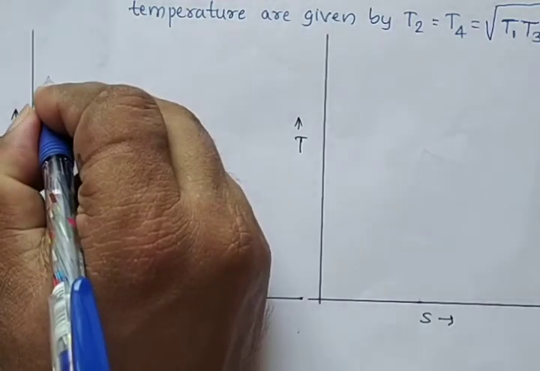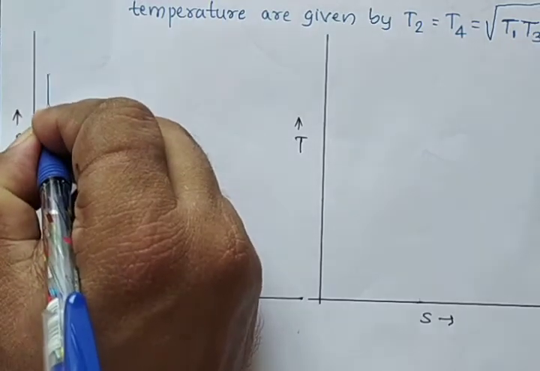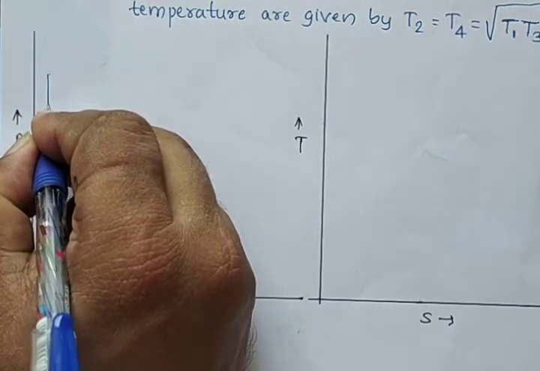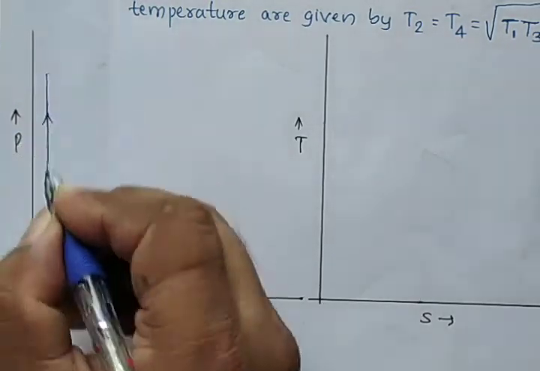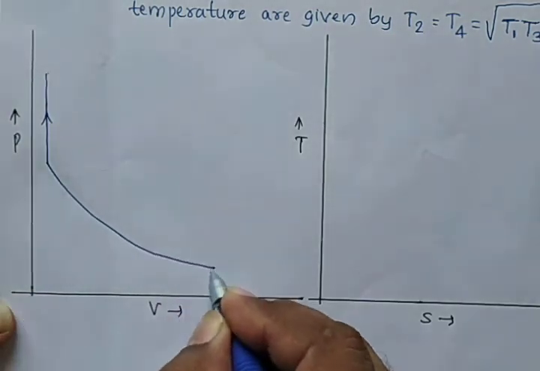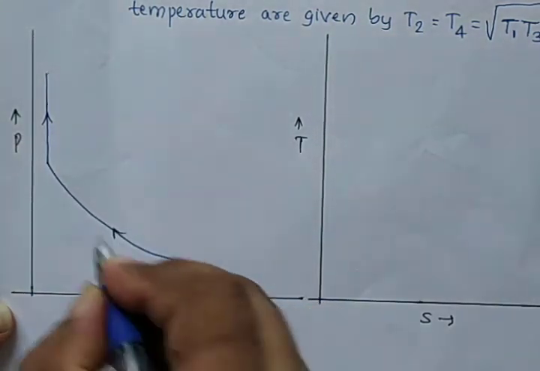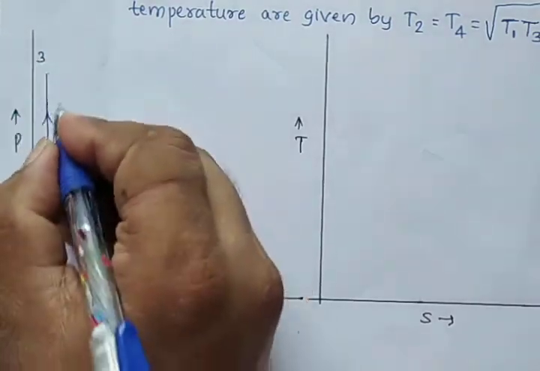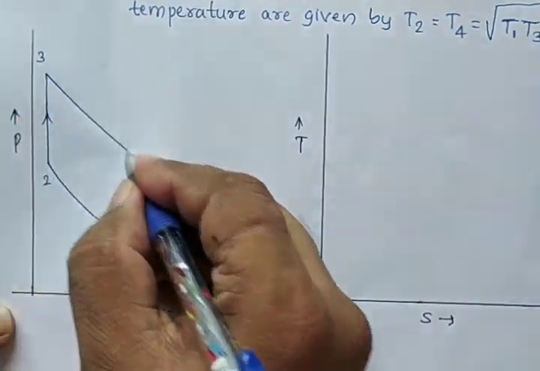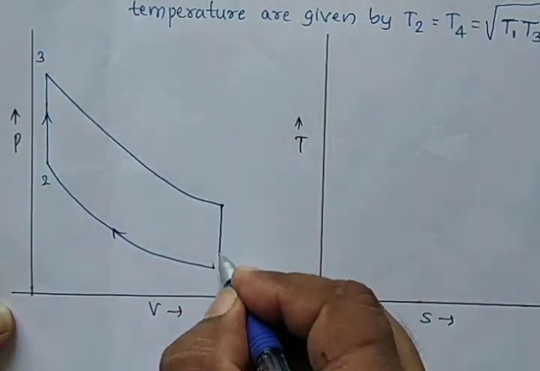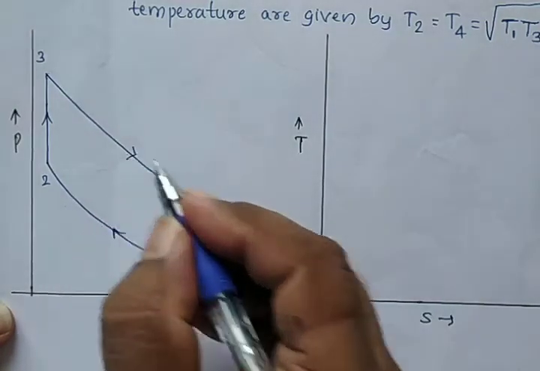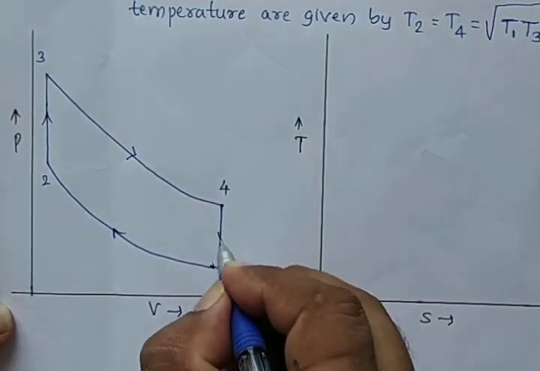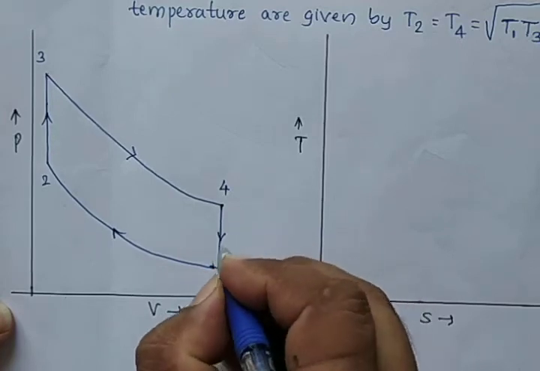You know that it is a constant volume cycle. So heat is added at constant volume. Initially you have isentropic compression, 1 to 2 isentropic compression followed by heat added at constant volume, and then isentropic expansion, and then heat rejection. So 3 to 4 isentropic expansion, and 4 to 1 again heat rejection.